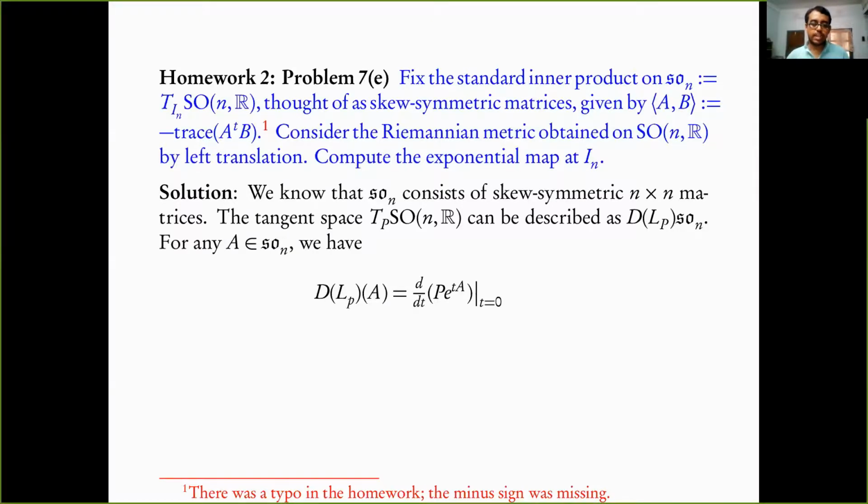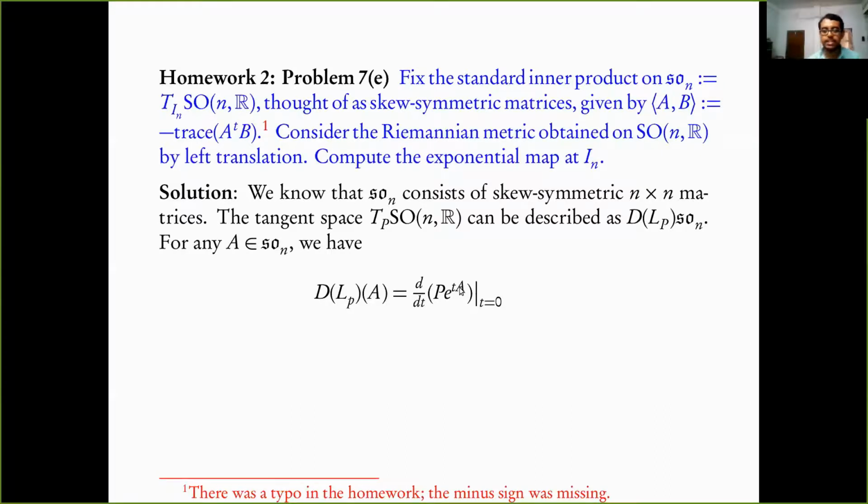Okay, so we start with any A in so(N). When we apply this left translation, what do we get? Remember the left translation simply means that you look at A as a tangent vector, but really you want to look at A as an equivalence class of curves. So given this tangent vector A, you have to give me a curve in the Lie group SO(N), which is initialized at identity such that its velocity at t equal to 0 is A. But such a curve is nothing but e raised to tA, the usual matrix exponential, right?